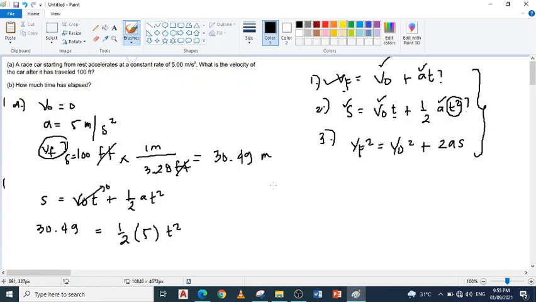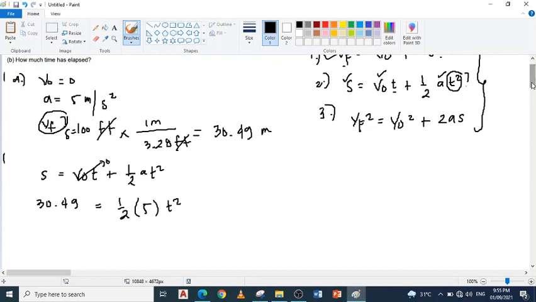Okay? So computing for time, by cross multiplication guys, so that is 30.49 times 2 divided by 5 equals t square.